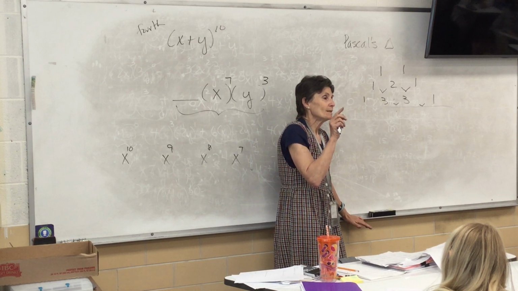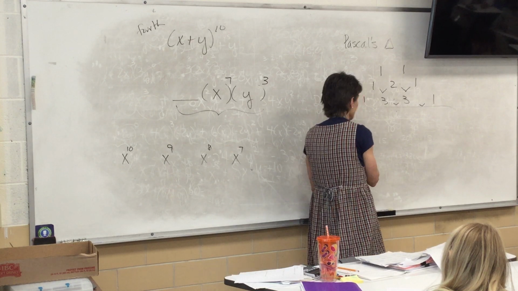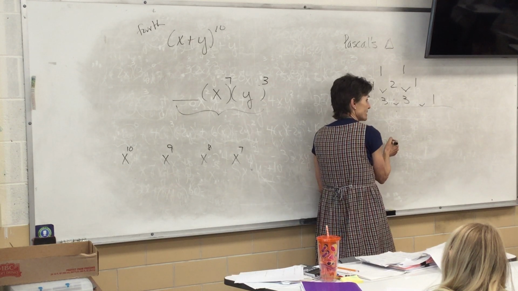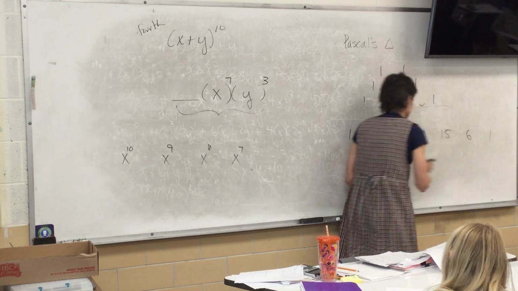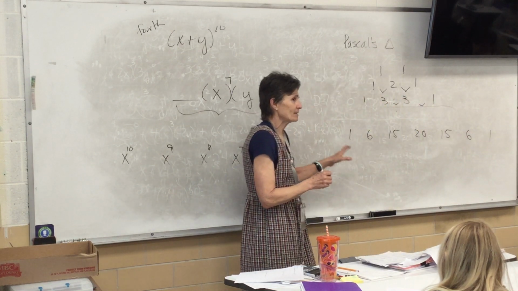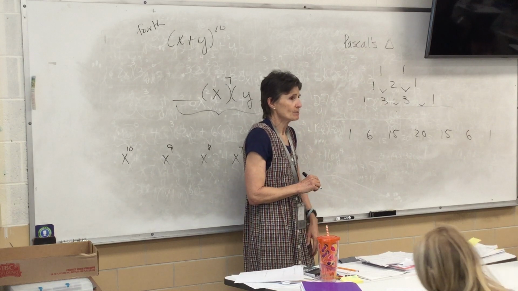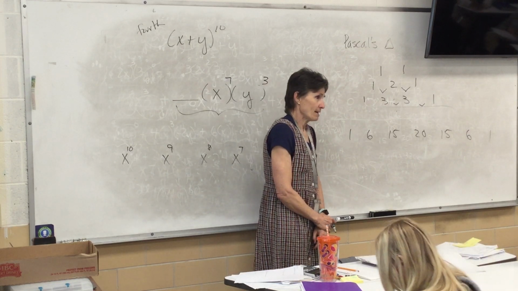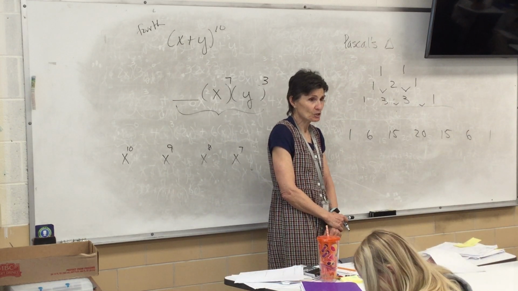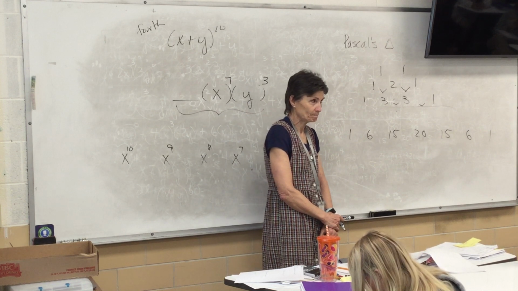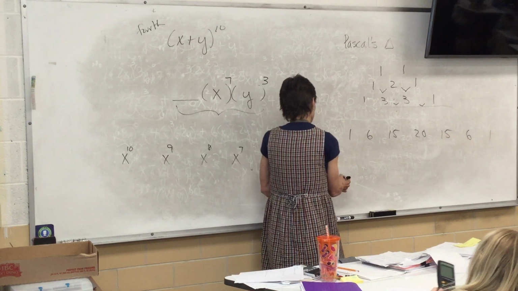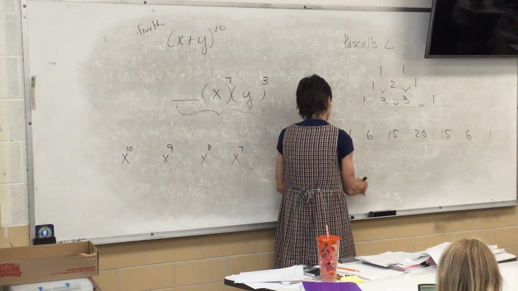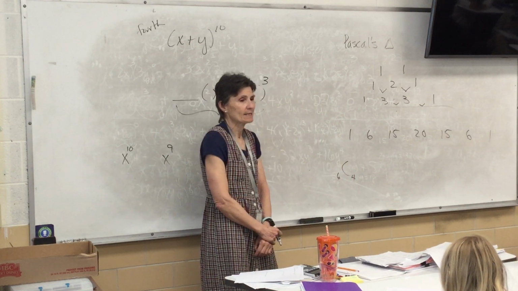Let's see, I had the 6th row here, right? It was 1, 6, 15, 20, 15, 6, 1. Is that the 6th row? Would you get out your calculators? And last time we talked about combinations and permutations, didn't we? So I want you to type in your calculator 6C4.